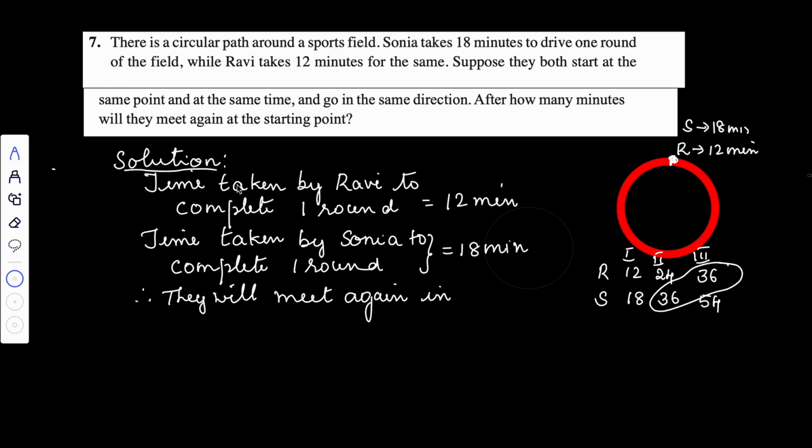So here, the time taken by Ravi to complete one round is 12 minutes and the time taken by Sonia to complete one round is 18 minutes. They will meet again in the LCM of 18 and 12 minutes. So we'll find the LCM of 18 and 12.